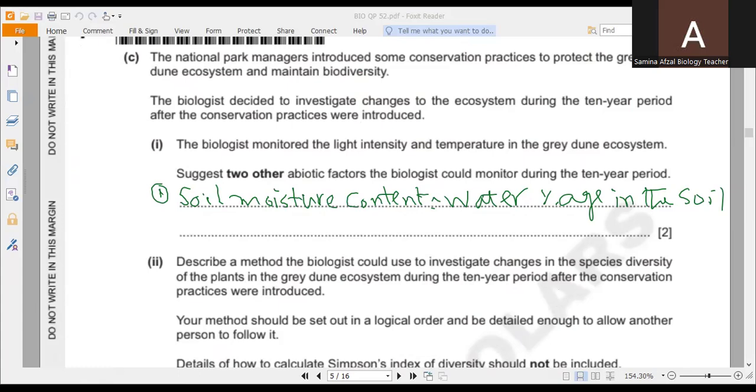Then the other is the nutrient level in the soil, and if the soil is deficient in nutrients, plants will not grow. To manage the national parks and to maintain biodiversity of the organisms or the plants, it is necessary to check the soil moisture and nutrient level in the soil. So these are the two factors.